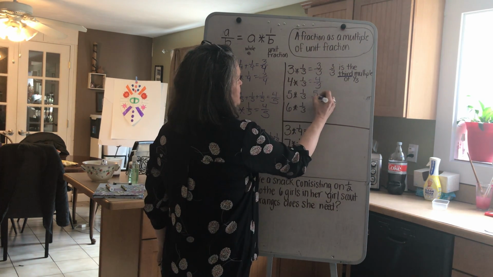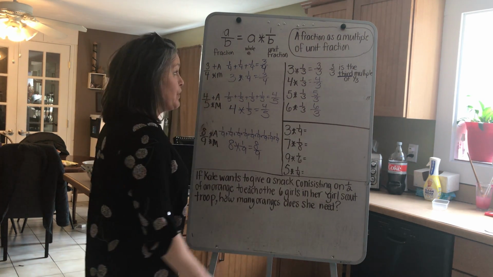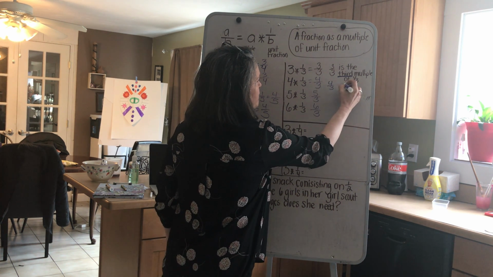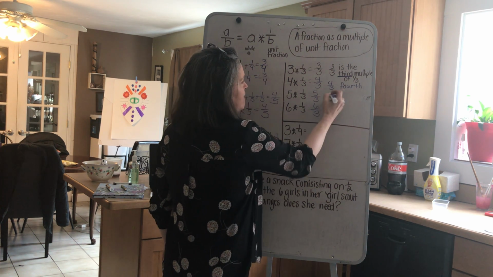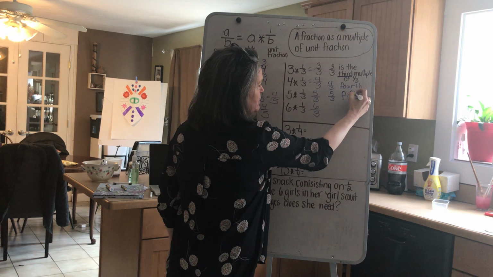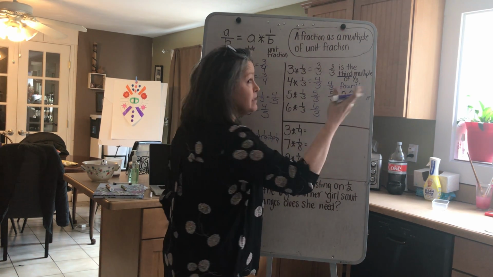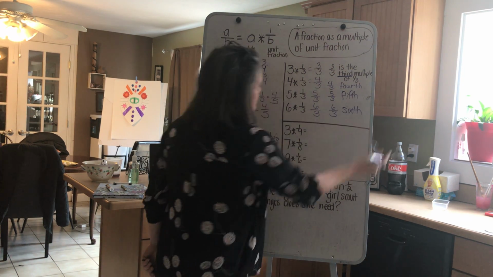We had 5/3, and we had 6/3. So we would say 4/3 is the 4th multiple of 1/3. 5/3 is the 5th multiple. And 6/3 is going to be, hopefully, the 6th multiple.